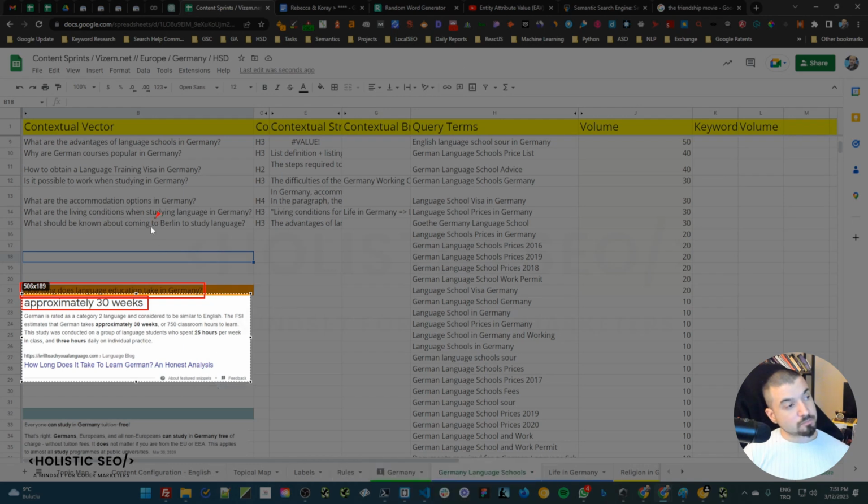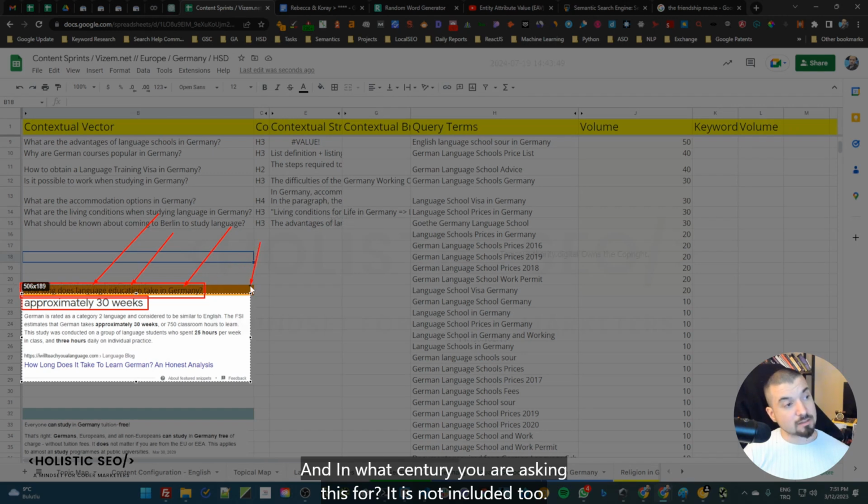First of all, which language is not told, what part of Germany is not told, what kind of language education is not told, and for whom is not included as well, and in what century you are asking this is not included either. Which means this is a representative question for a main answer.